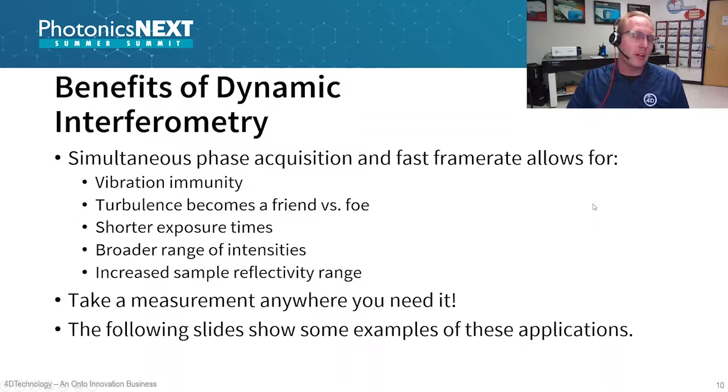So really what dynamic interferometry gives you is the ability to measure optical surfaces and other surfaces anywhere you need it: on shop floors, in large clean rooms, in vacuum chambers, across optical setups that have large gantry systems and a lot of vibration, you're still able to get good, accurate measurements of the surfaces and/or wavefronts in those types of setups.